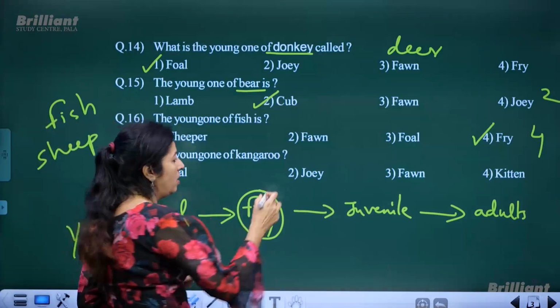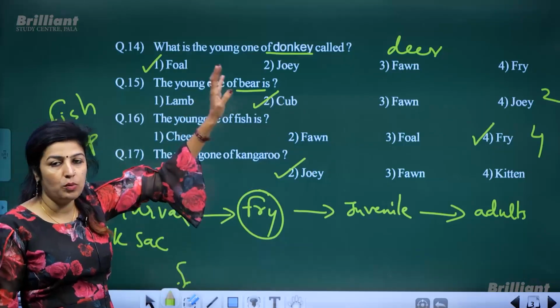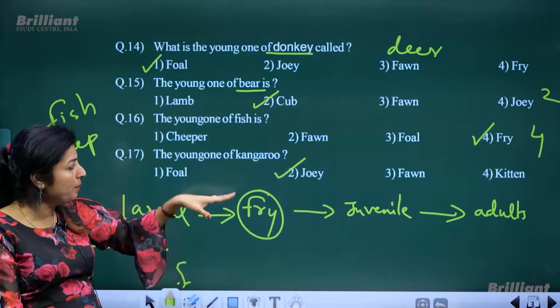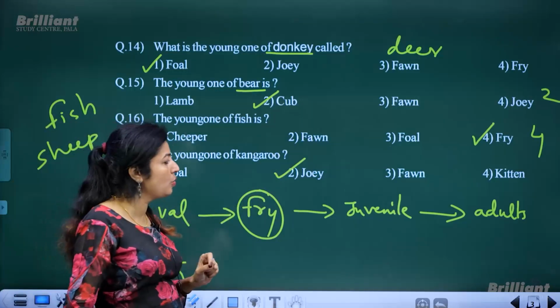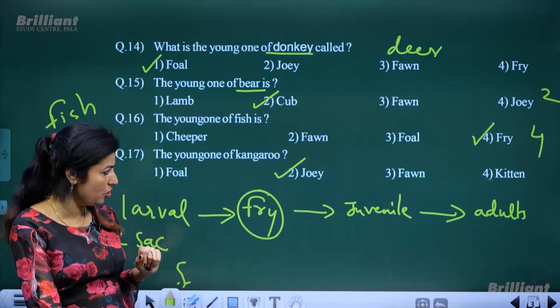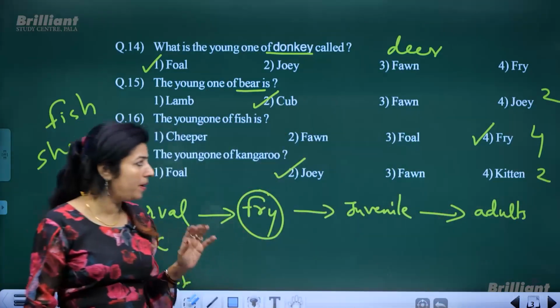That is what you call a joey. I told you I'd be giving the meaning of joey, right? That was one of the answers for one of the questions, and that's why I did not disclose it at that time. So joey is a word used for baby kangaroos. Young ones of kangaroo are called joeys. So here it's option number 2. All right, so keep these things in mind.